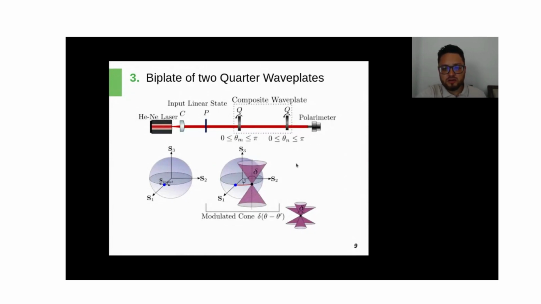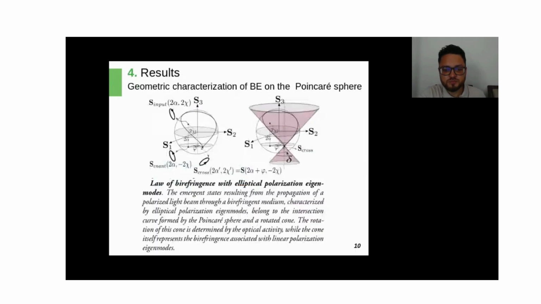Our hypothesis is that all the states that we can generate with this composed wave plate, as we change the angle between them, theta tilde, and the rotation of both at the same time, form a specific curve on the Poincare sphere. Our hypothesis is that it is the same as a linear state with a cone plus a rotation due to the optical activity. In that way, we could obtain a general framework for the characterization of all birefringent materials with any eigenmodes.